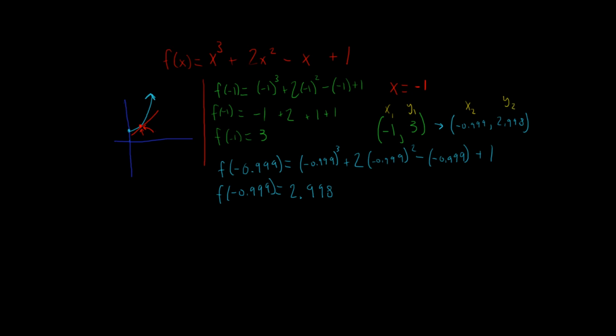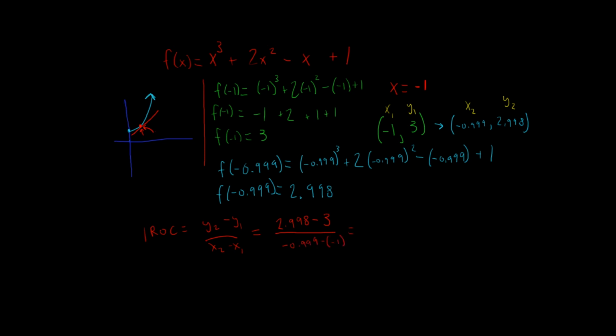The instantaneous rate of change equals y2 minus y1 over x2 minus x1, or the change in y over the change in x, or even rise over run. So we've got 2.998 minus 3, divided by x2, negative 0.999, minus negative 1.